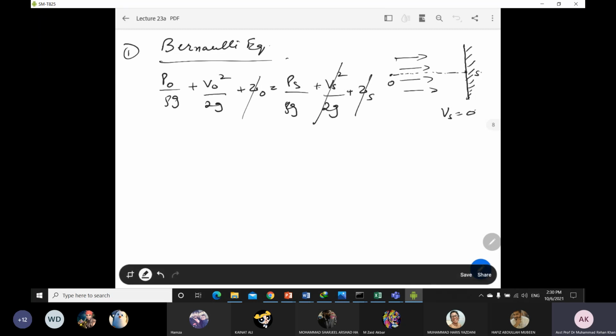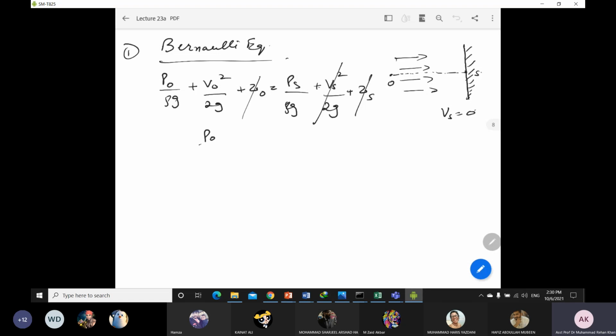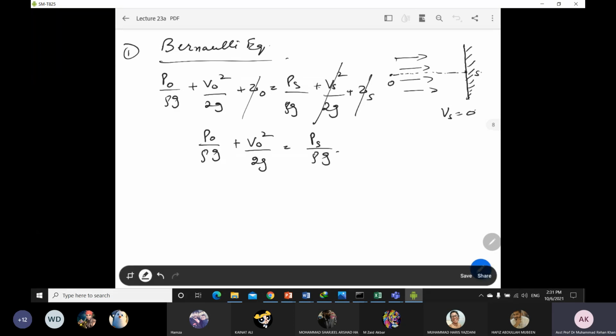If we further simplify this equation, it becomes P naught divided by rho g plus V naught squared divided by 2g is equal to Ps divided by rho g. This is the simplified version of the Bernoulli equation for the stagnation point.